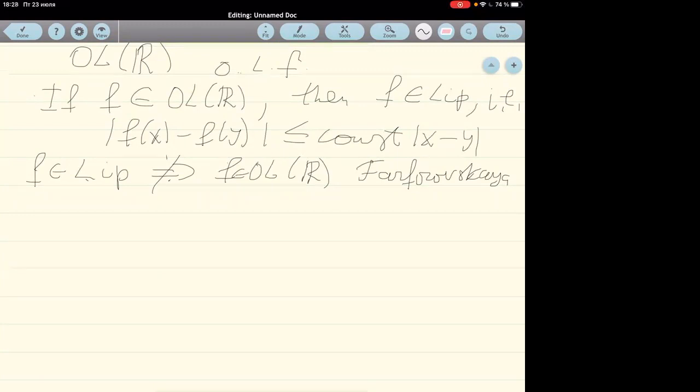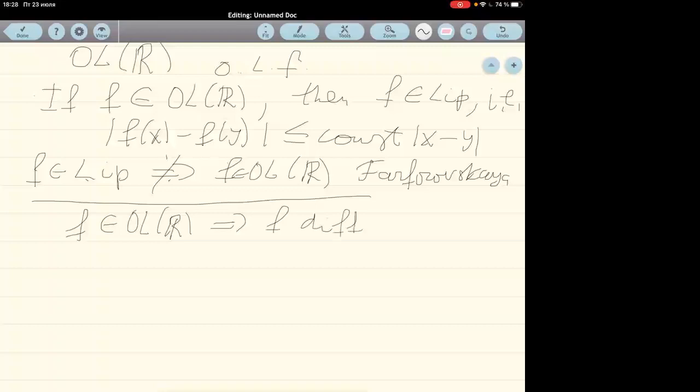For example, if f is operator Lipschitz, then f is differentiable everywhere on the real line.